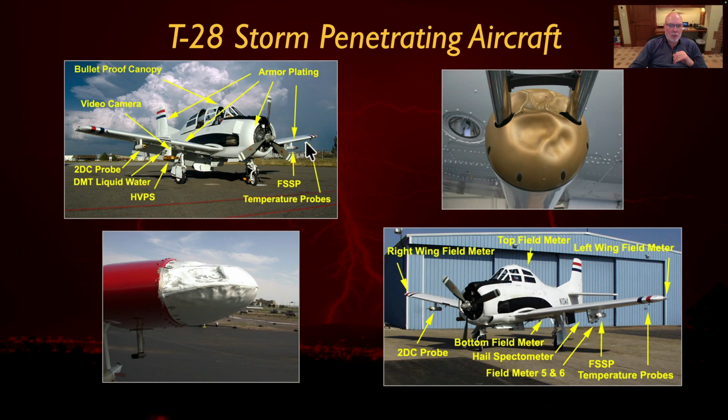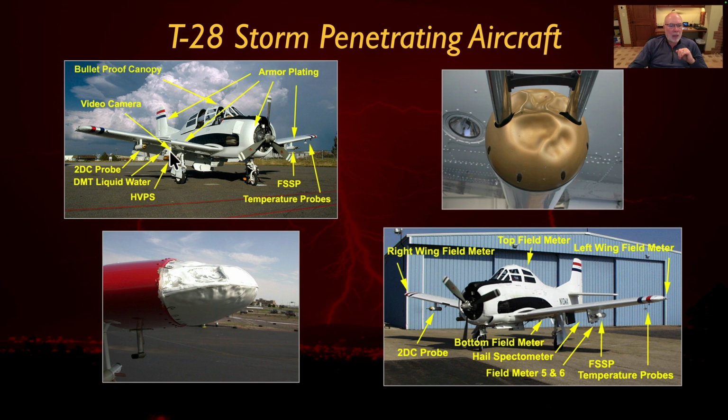So you can see that these have a number of different sensors. We have temperature probes, again the armor platings on the leading edge of the wing, the leading cowling, and the tail, because that's the areas that would be receiving the impacts of the hail. This was again a particle probe, another particle probe on this side, liquid water content, another particle probe.